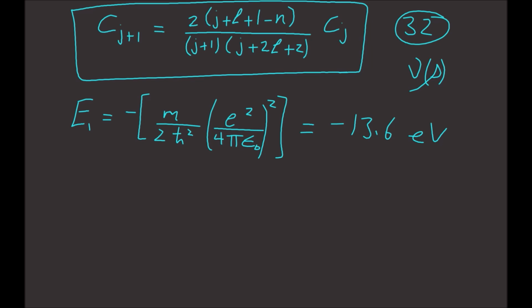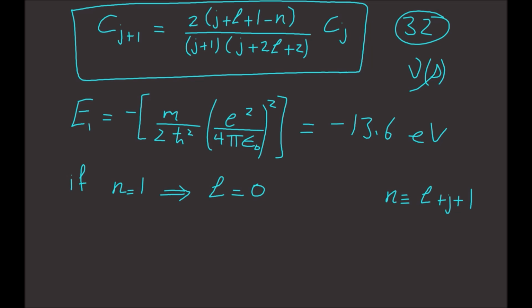Alright, so if this energy is for n equals 1, this forces L to be equal to 0. Because if you remember the equation, I think we defined n as L plus J plus 1.